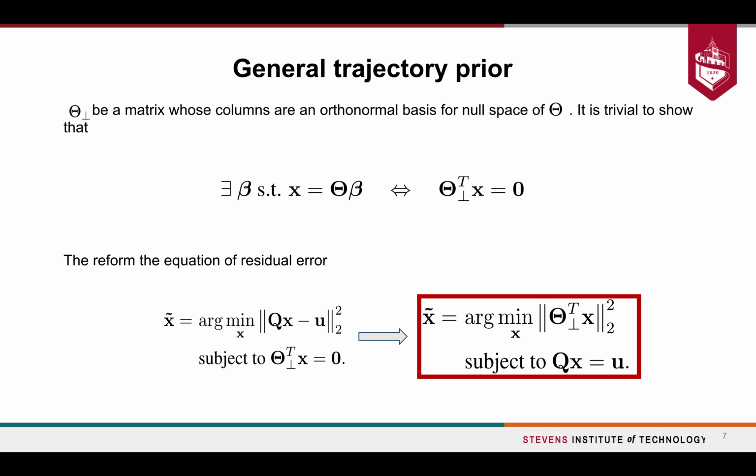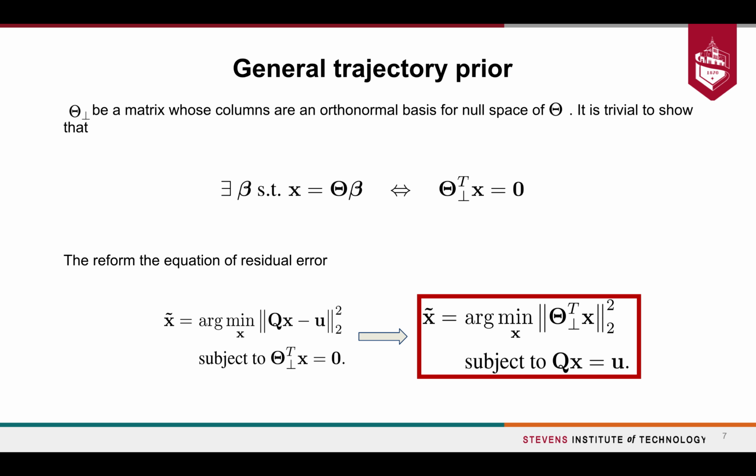That means the projection of x onto this space is supposed to be 0, since it's perfectly expressed by the trajectory basis. So they changed the cost function and the constraints, which means optimizing the projection of x on this null space, subject to the reprojection constraints.